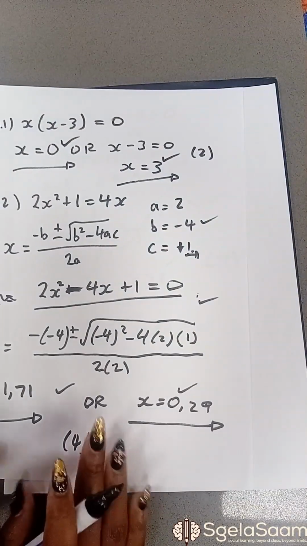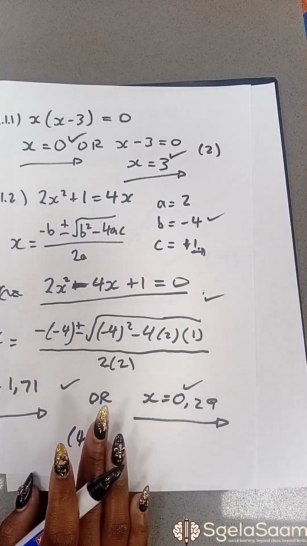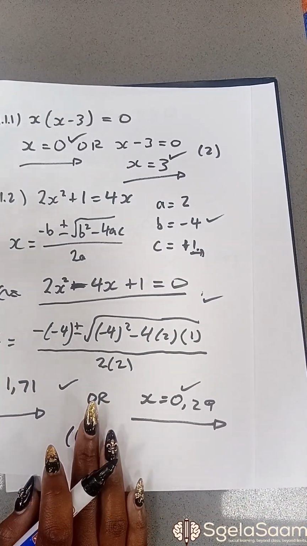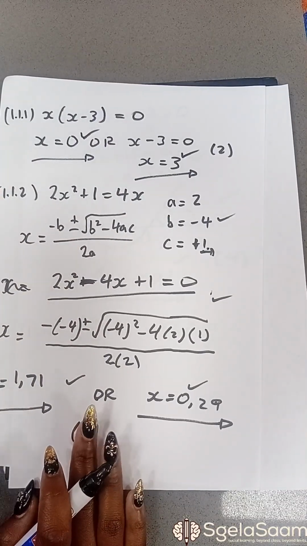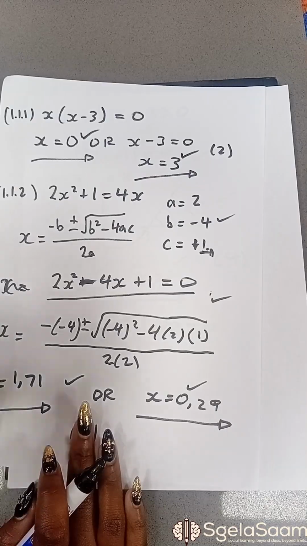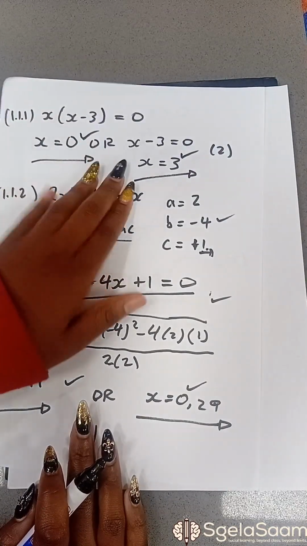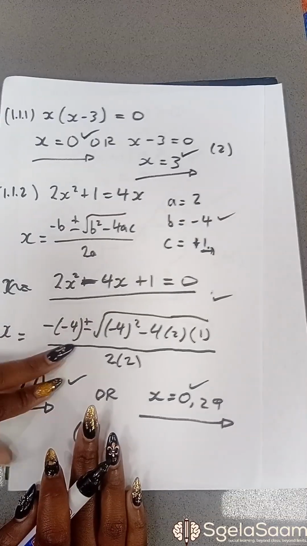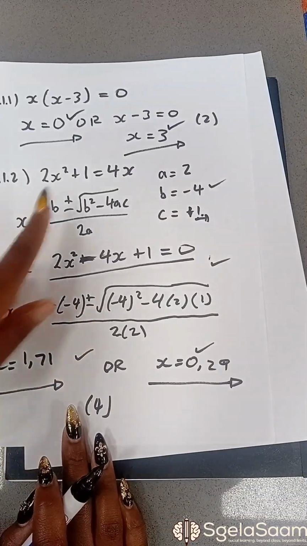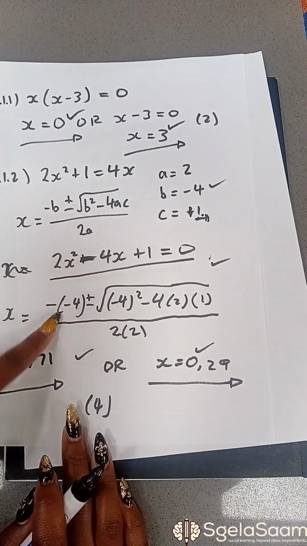So I'm happy that you now see how marks are allocated and that you always show your steps. You cannot just say x is equal to 0 or x is equal to 3. You must show it using this form because this is mathematically correct. Even here, you may have substituted everything and not have shown these steps.